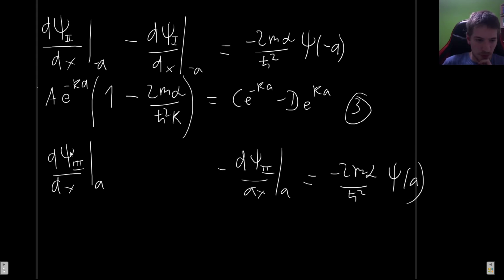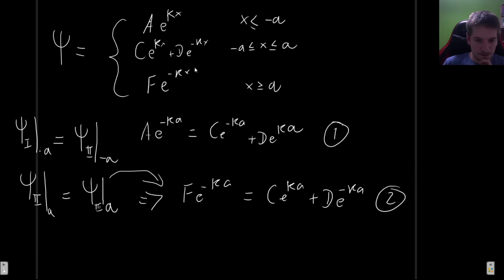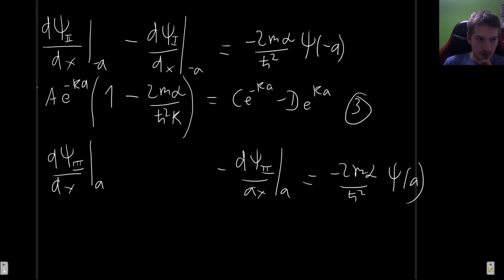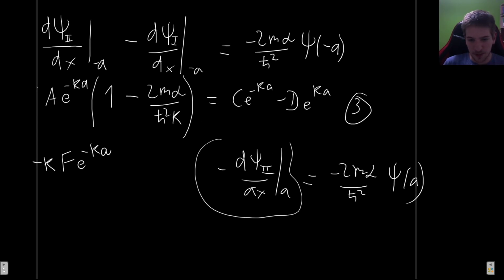So what happens when we take the derivative of this third wave function? F e to the minus ka, so we get a minus k in front, and this will be f e to the minus ka. So this will be minus k f e to the minus ka, and now we have to subtract this right here, which is the derivative of this second one evaluated at a.